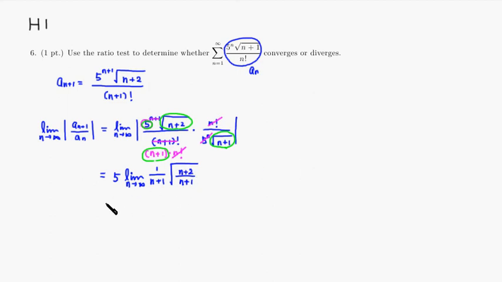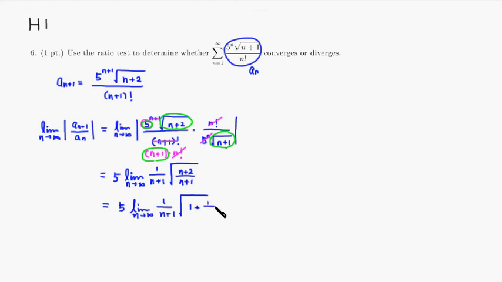To make it easier, we can rewrite this as follows. You have a 5 here, and the limit as n approaches infinity of 1 over n plus 1. And this other guy we can rewrite as the square root of 1 plus 1 over n plus 1, because n plus 2 over n plus 1 is n plus 1 with 1 extra.